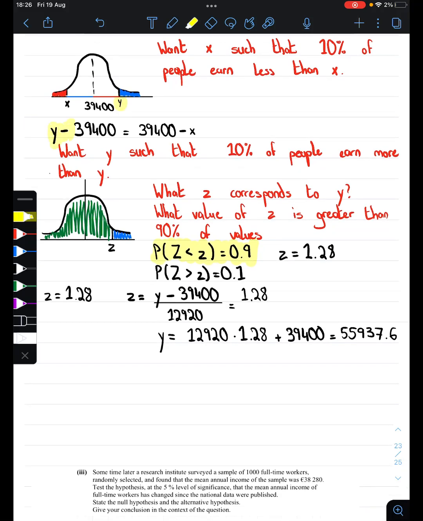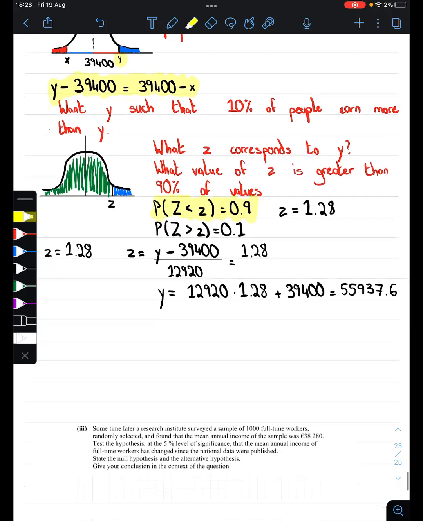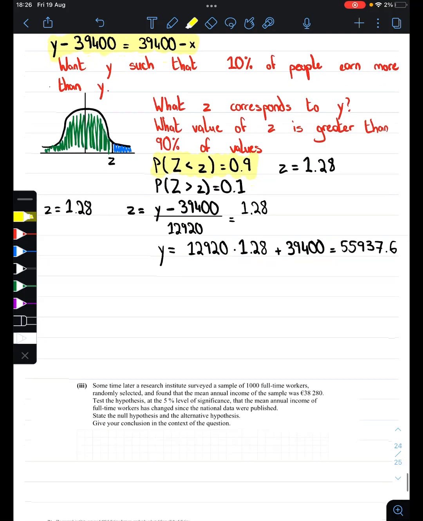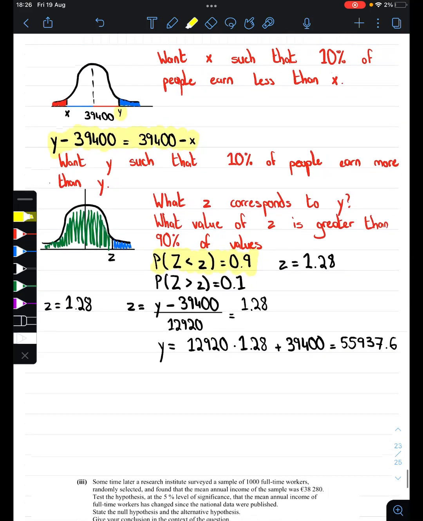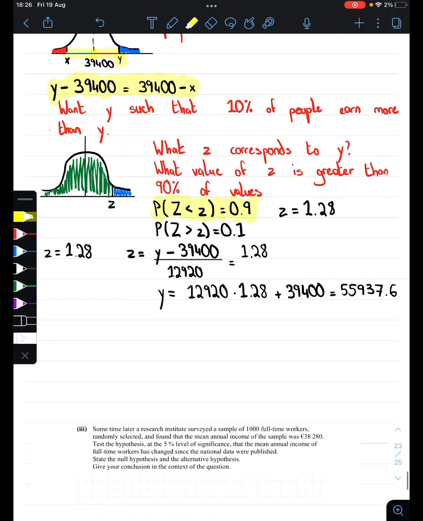And we remember this equation, y minus 39,400 is equal to 39,400 minus x, the difference from the mean. The difference of the bottom 10% to the mean is also the difference from the top 10% to the mean.